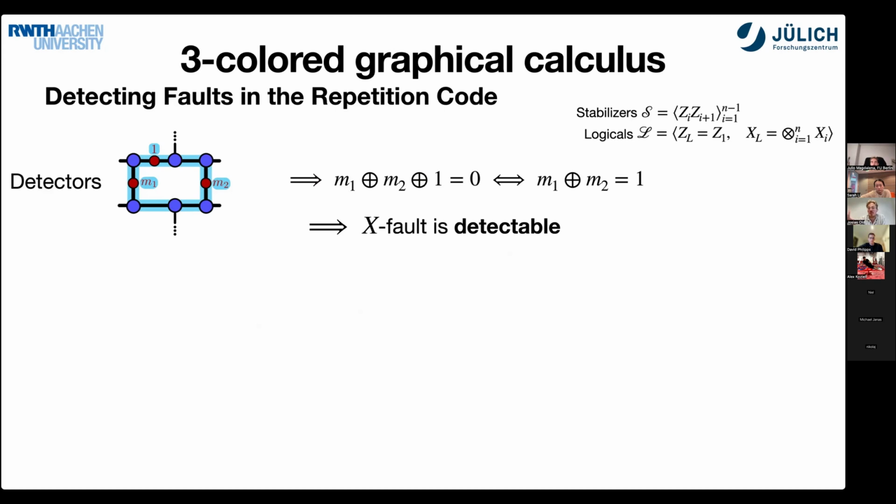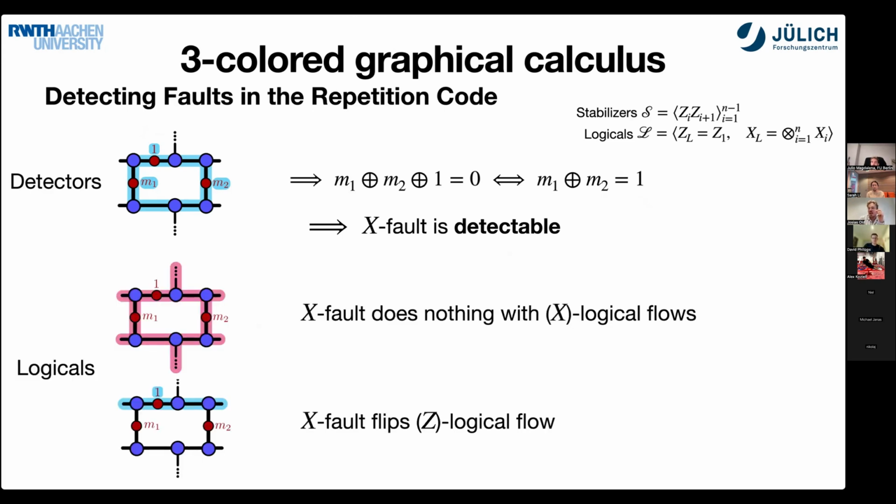And we can therefore detect this X fault. If we run the same protocol, we know without faults these measurements should evaluate to 0. Now we introduce this fault, and if these measurements now evaluate to 1, this is a signature that a fault has happened.